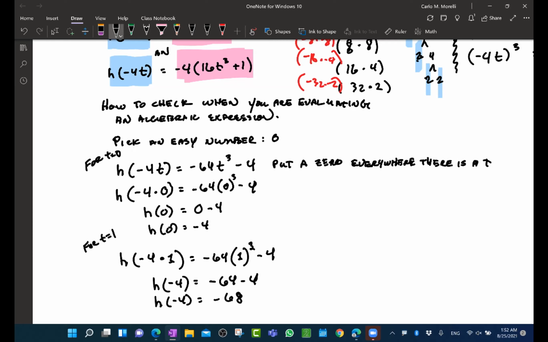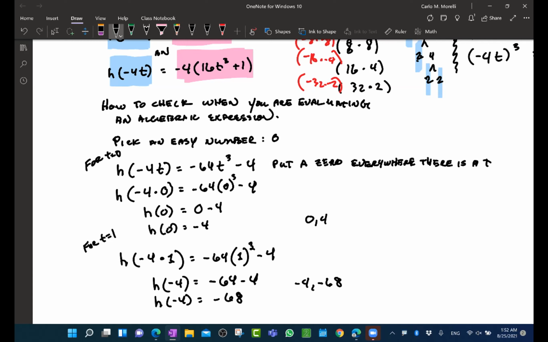Okay. So we've actually come up with two coordinate pairs, (0, negative 4) and (negative 4, negative 68).